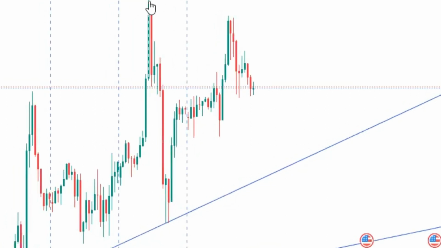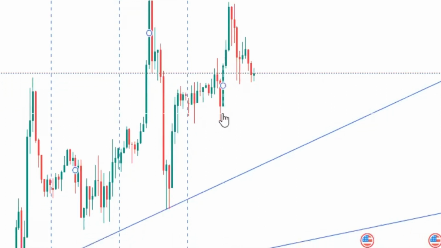Now, technically, this is an equal high, considering the body of this candle. But if you consider the wick of this candle, it is a lower high. But that does not mean we have reversed from an uptrend to a downtrend.